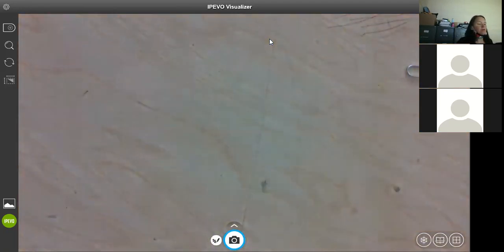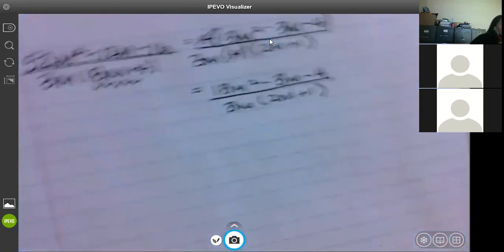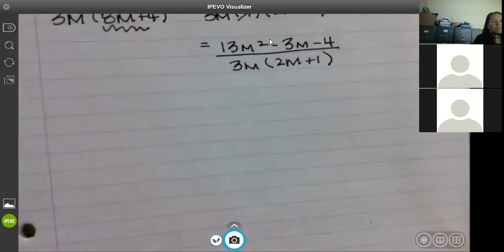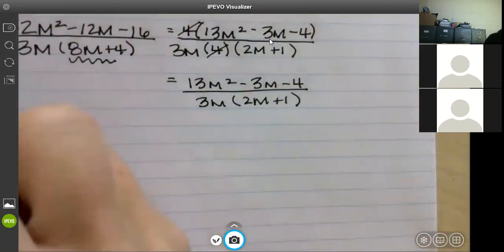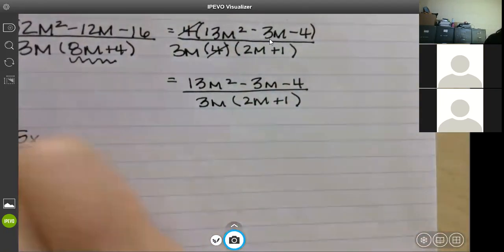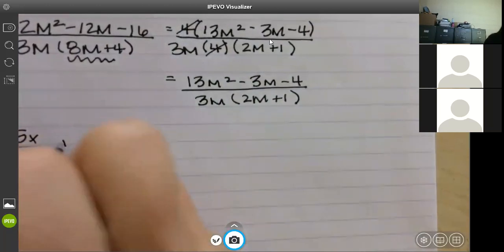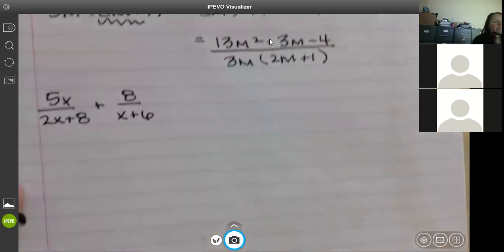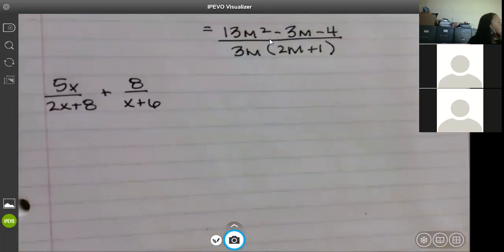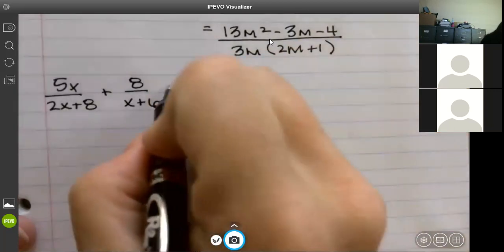Next, I'm going to keep going on paper because my pen bled through. I forgot that I was using the wrong pen. So we have 5x over 2x plus 8 plus 8 over x plus 6. What's our common denominator?